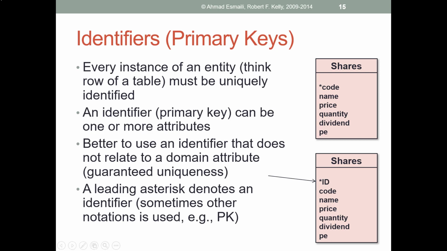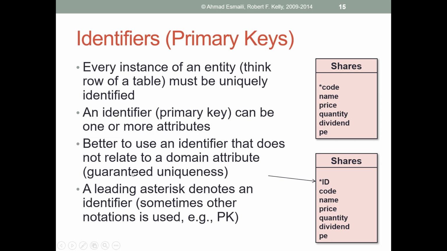Every instance of an entity, which we mean as the row of a table, must be uniquely identified. An identifier or a primary key can be one or more attributes.